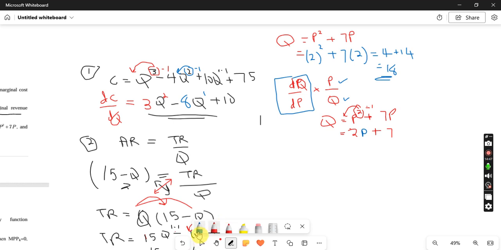Then for our derivative, we need to get a number. So remember, P still equals 2. So substitute that into our derived function, dQ over dP.